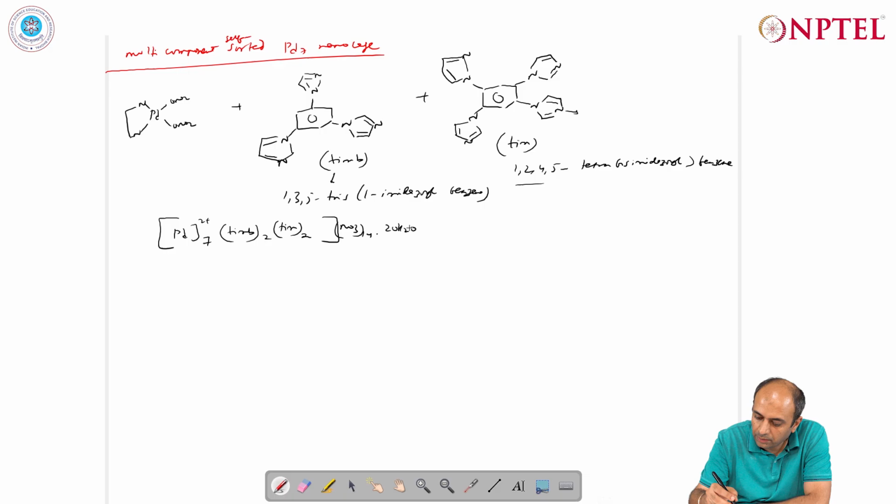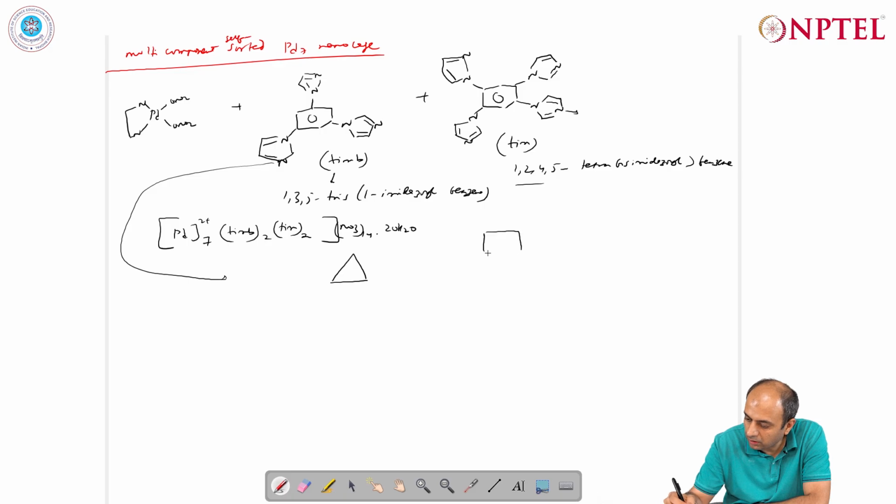So, this represents a triangular kind of geometry, this represents a square kind of geometry, and this I will represent in this way. And now I need to stitch them all. So, we can do this in the following way.